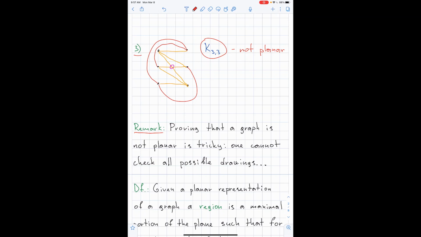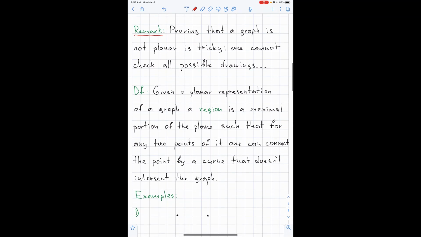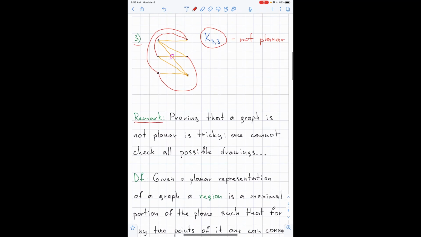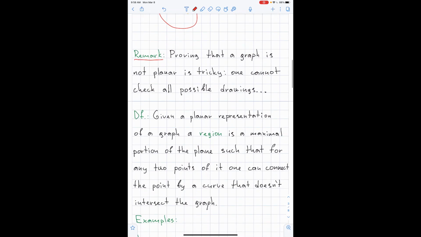It's not really possible to check all the possible drawings because there are just infinitely many of those, so we need some other instruments, some other approaches to how to do that. And so let's start developing these instruments, developing ways of proving that certain graphs are not planar. In particular, K33 is not planar.